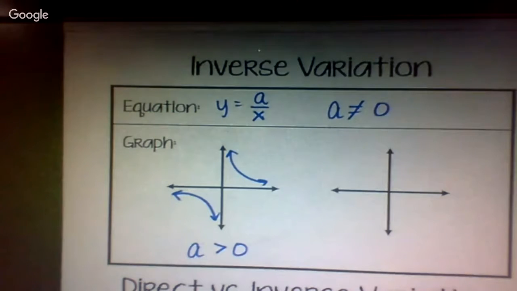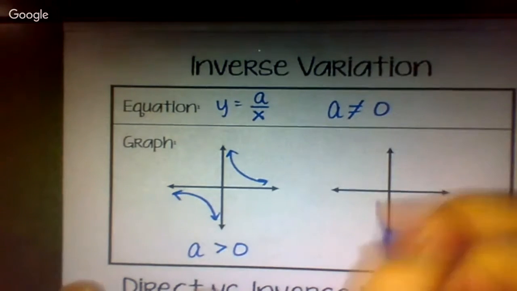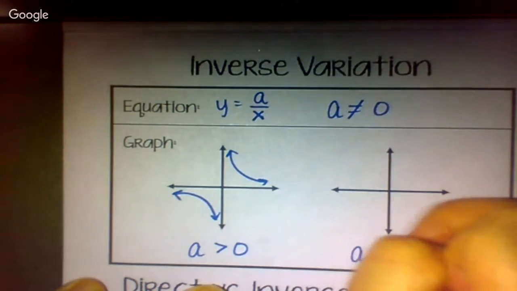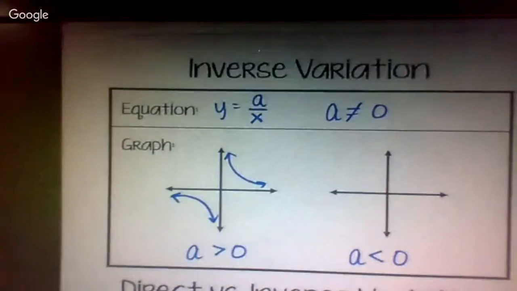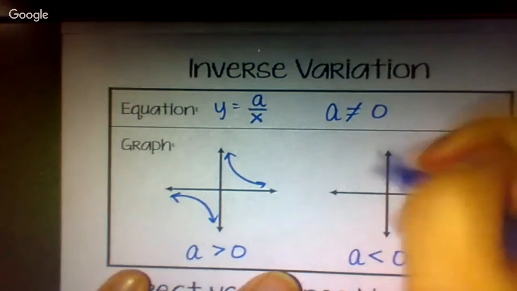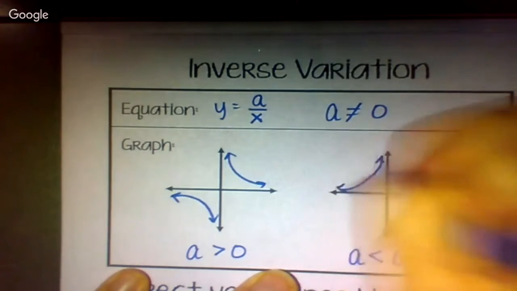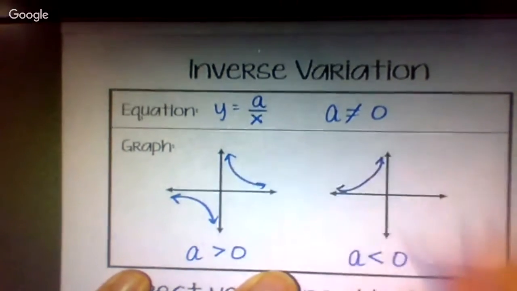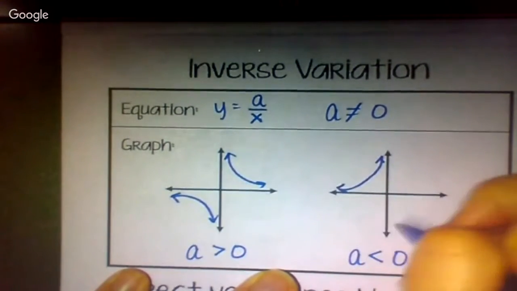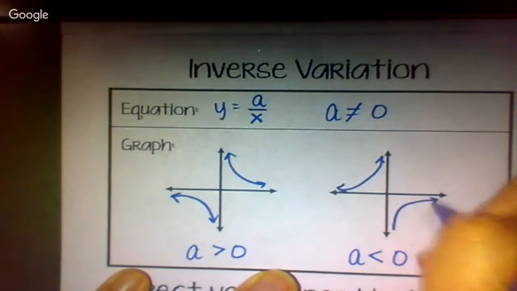Okay, if I switch it up, and I make your a value less than 0, which means your a is now negative, all it does is it flips your graph. So this one that was up here is now over here, and the one that was down on the left is now down on the right.